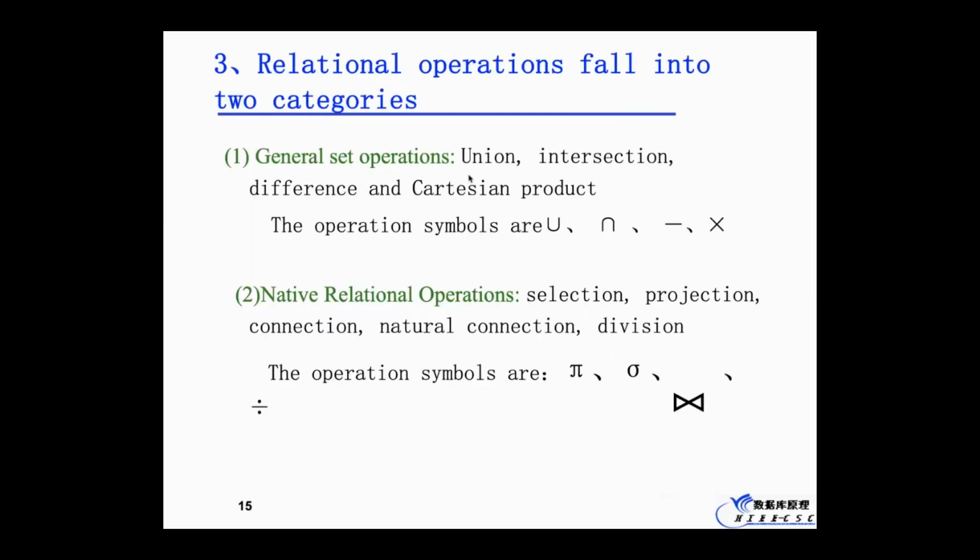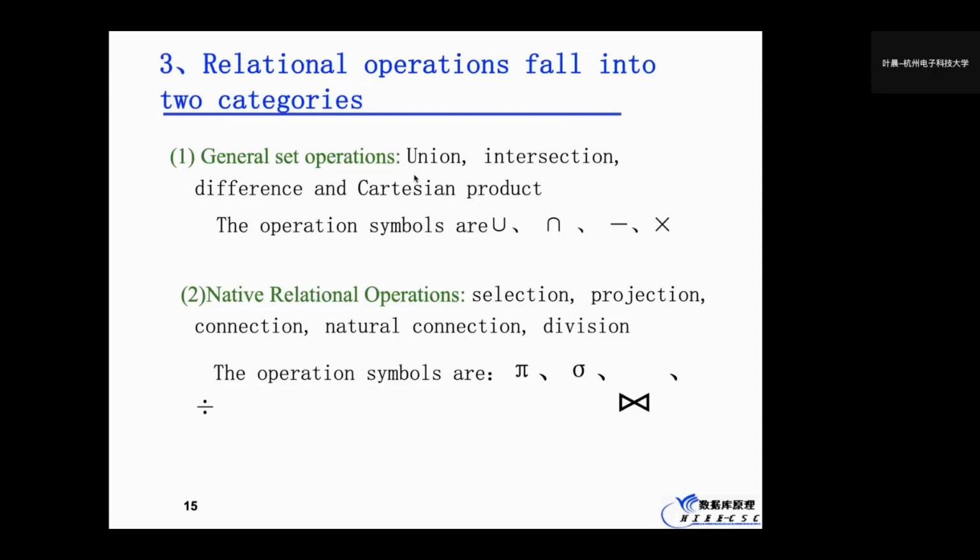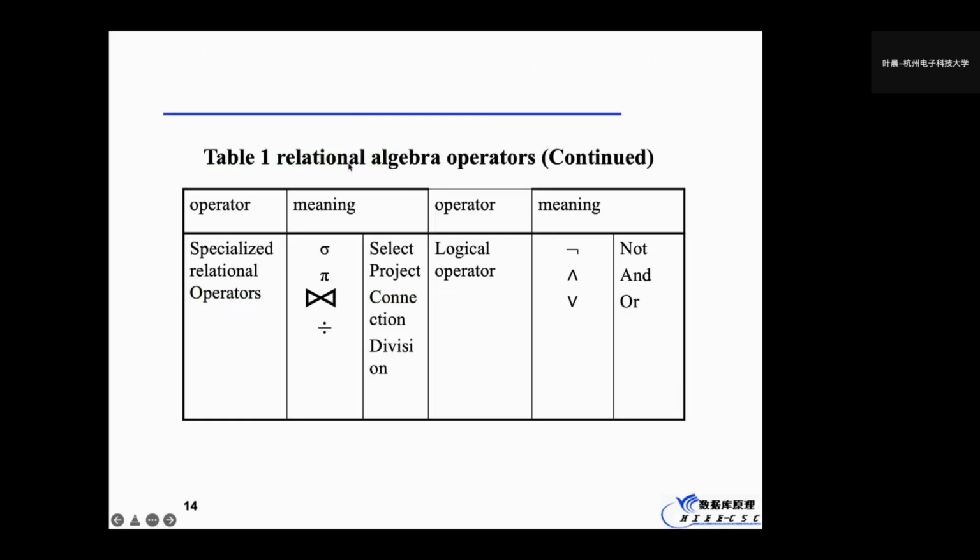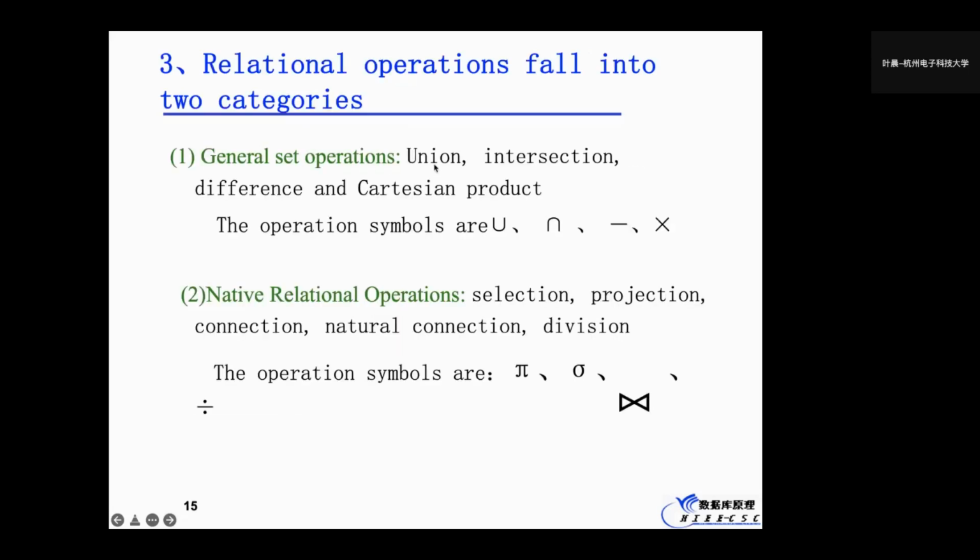So we always divide the relational operations into two categories. Besides the comparison operators and logical operators, we have the general set operations, which are the set operators. It includes the union, intersection, difference, and the Cartesian product. And here the operation symbols are like this.